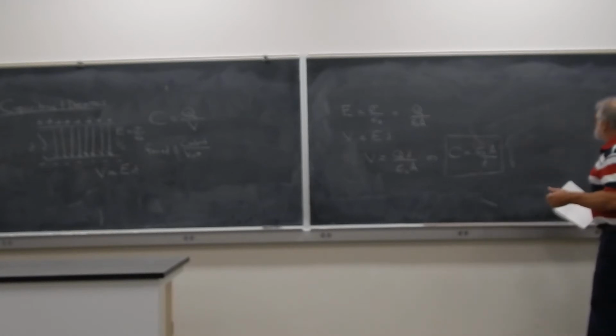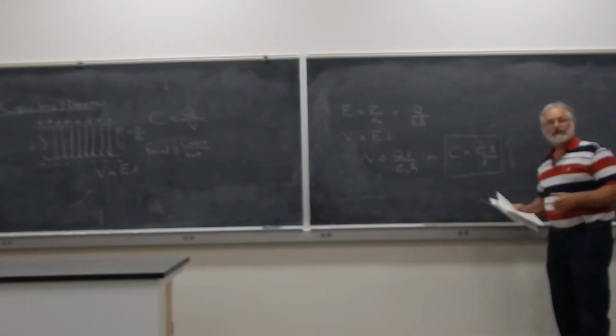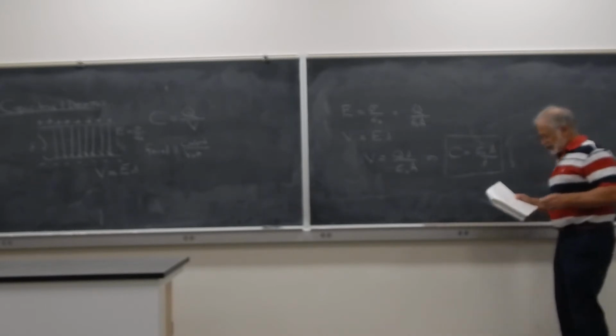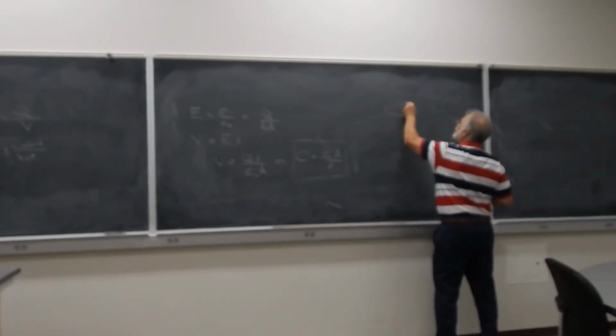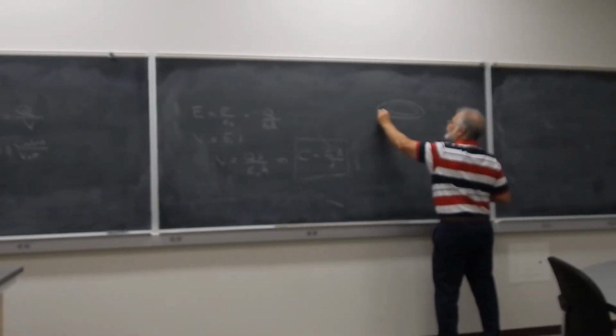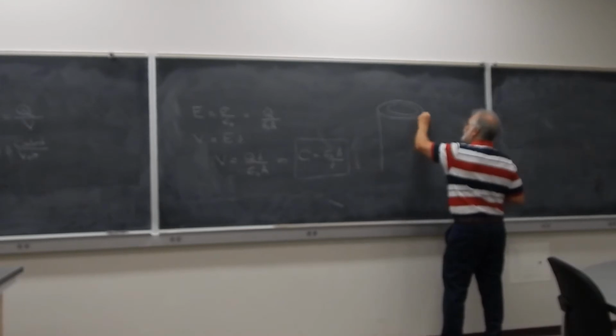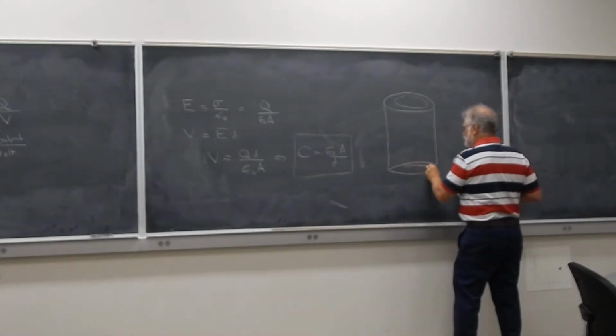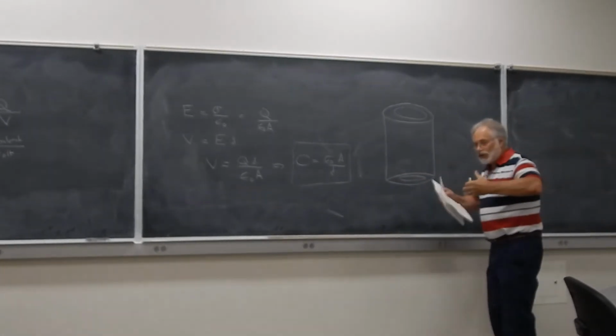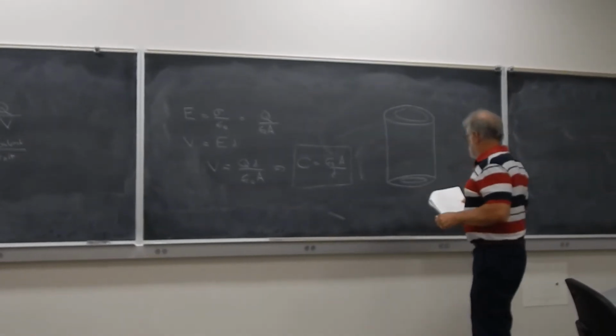So we can do some nice simple examples of calculating capacitors for different geometries. For example, suppose I have a cylindrical capacitor. So now what I've done is I've taken my parallel plates and turned them into a cylinder. I've rolled the plate into a cylinder.